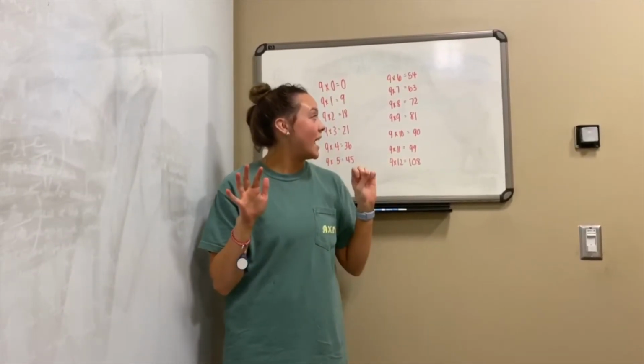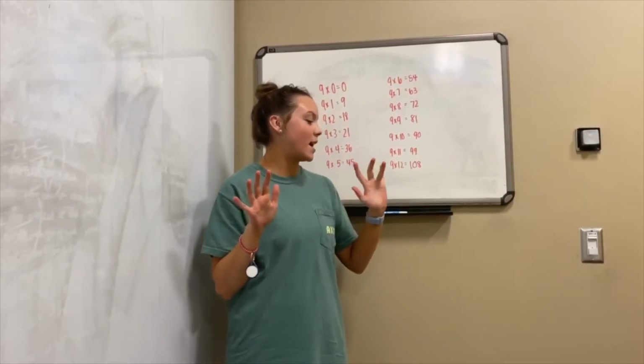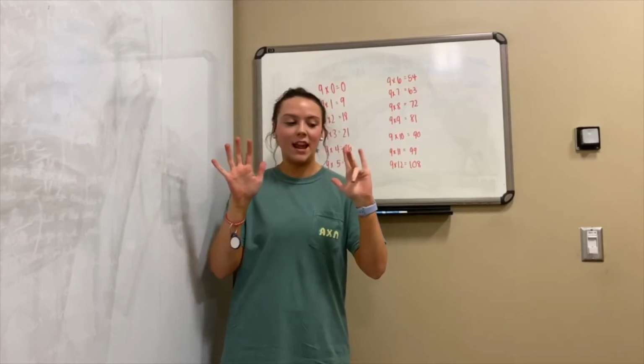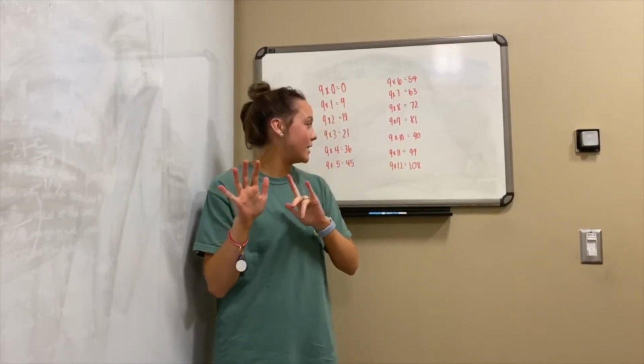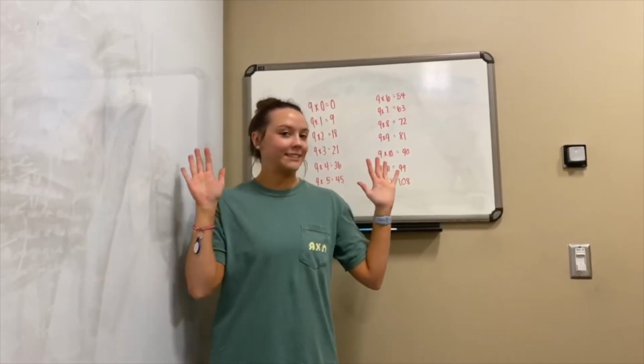For 9 times 8, you put down your 8th finger, and that's 72. For 9 times 9, you put down your 9th finger, and that's 81. And last, 9 times 10, you put down your pinky finger, and you get 90. I don't understand. Teacher, this isn't working for me. I'm not getting the right number when I put my 5th finger down. I need help.